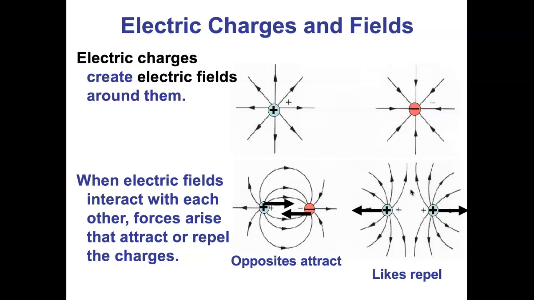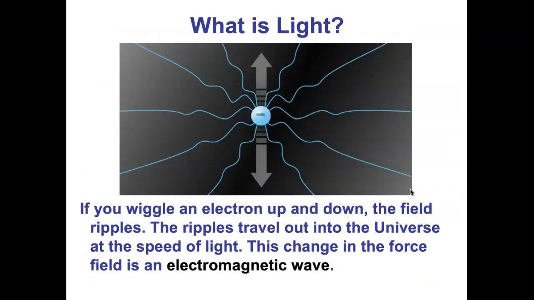So, if I take a charged particle, and in this case, let's take an electron, because electrons are common and low mass, so they're easy to play with, they're easy to manipulate.